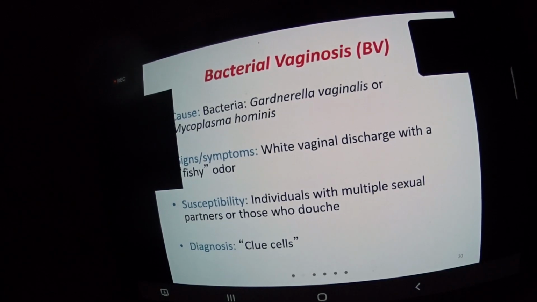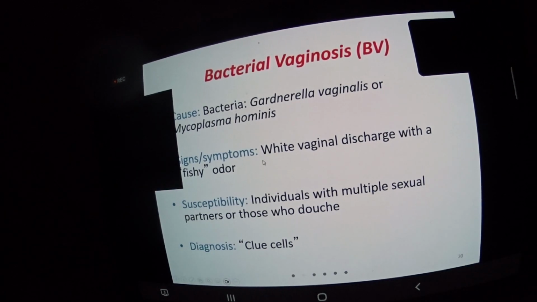Douching is highly associated with this. It can transfer to the vagina. Again, use of tampons, sometimes intercourse, but then again, all these can increase the susceptibility of the individual getting it.